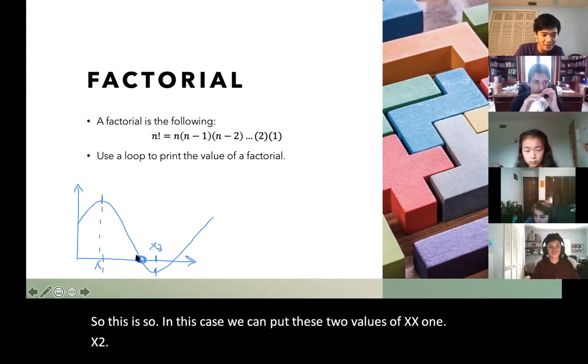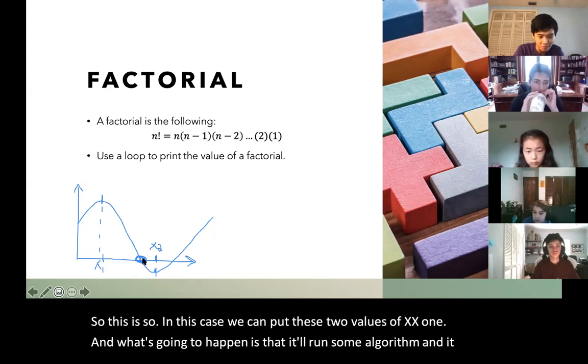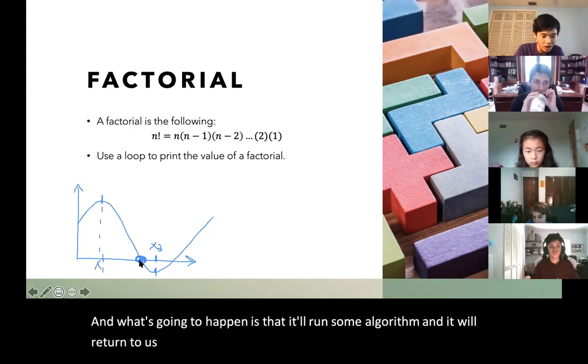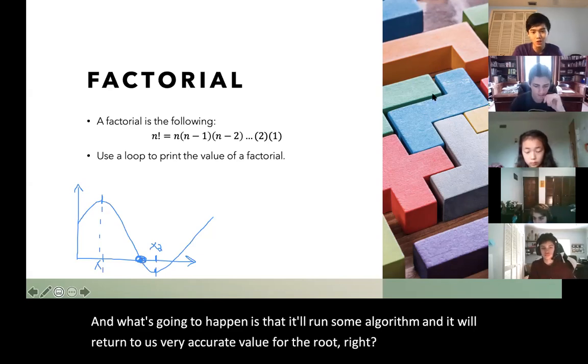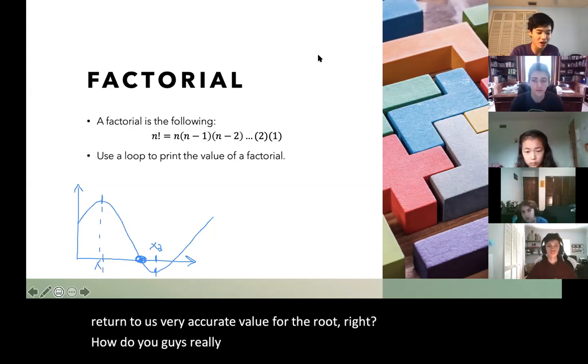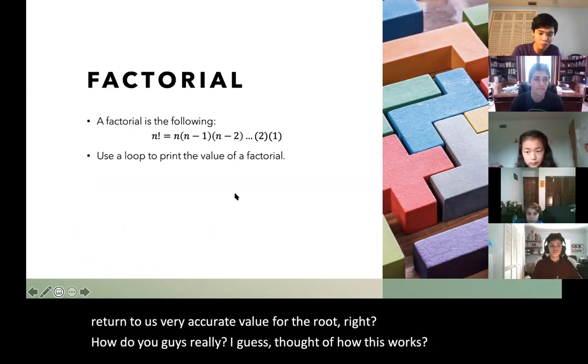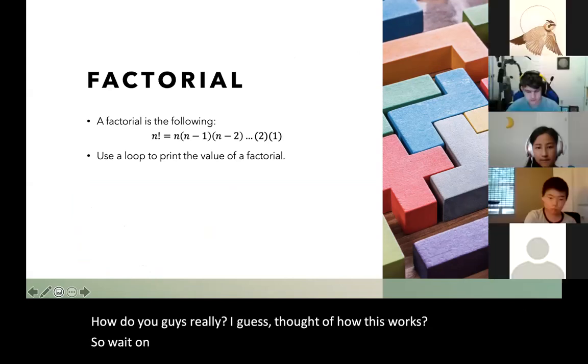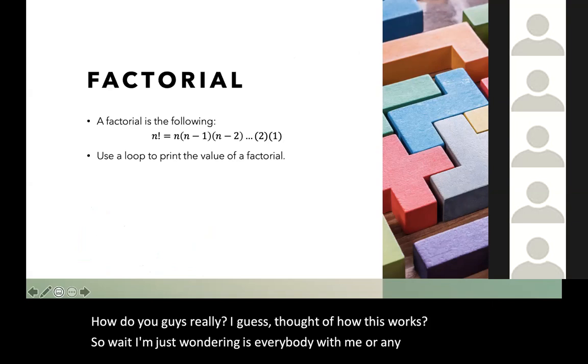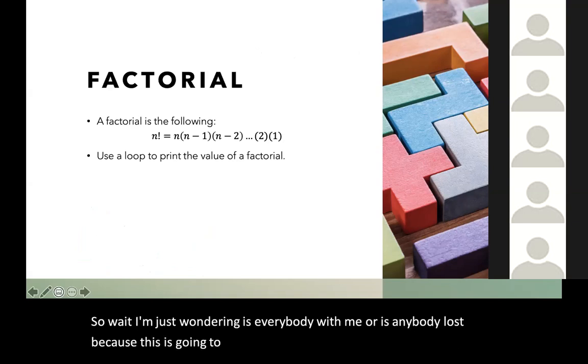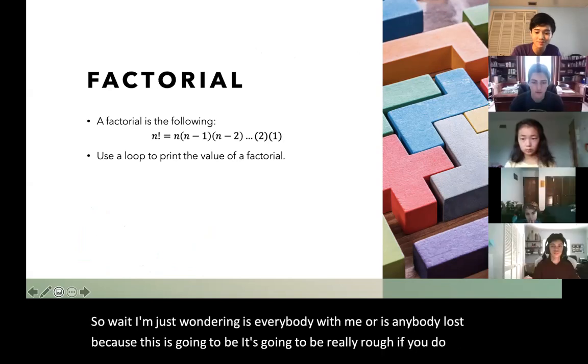And what's going to happen is that it'll run some algorithm and return to us a very accurate value for the root, right? So have you guys really thought of how this works? I'm just wondering, is everybody with me or is anybody lost? Because it's going to be really rough if you do not understand what I'm talking about right now.